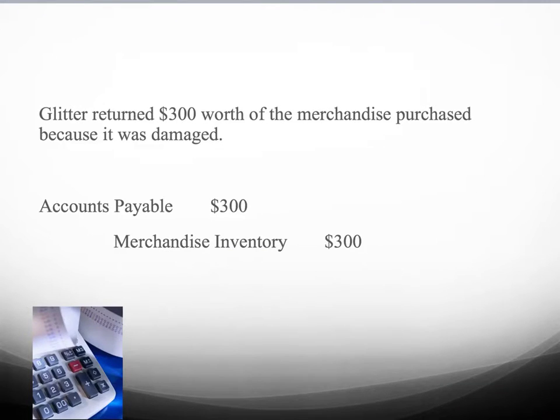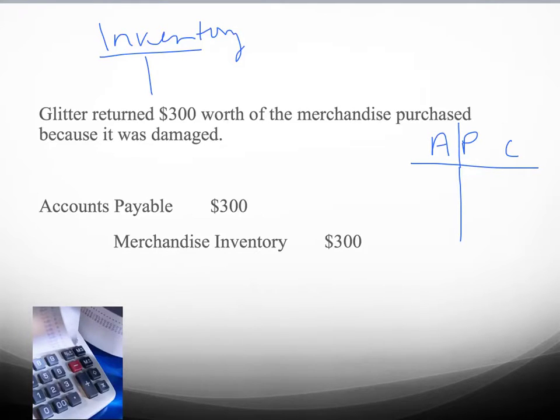Glitter returned $300 worth of the merchandise purchased because it was damaged. Well, let's take a look at our two accounts, accounts payable, and we also have our inventory. And so we had put $2,000 in our inventory, and we had put $2,000 in accounts payable.